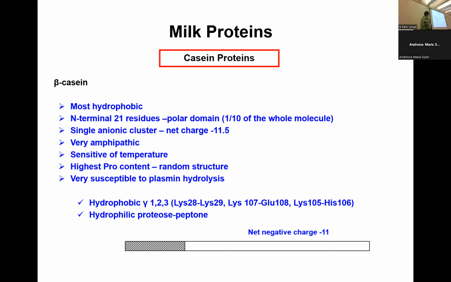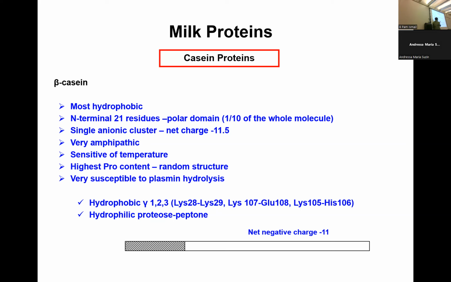It has the most proline content compared to the other caseins. Therefore, it has a really open structure, random coil. And it's very susceptible to plasmin hydrolysis. Plasmin is similar to trypsin in its specificity. It cuts after a lysine and after an arginine. So there are three locations that the plasmin can break.